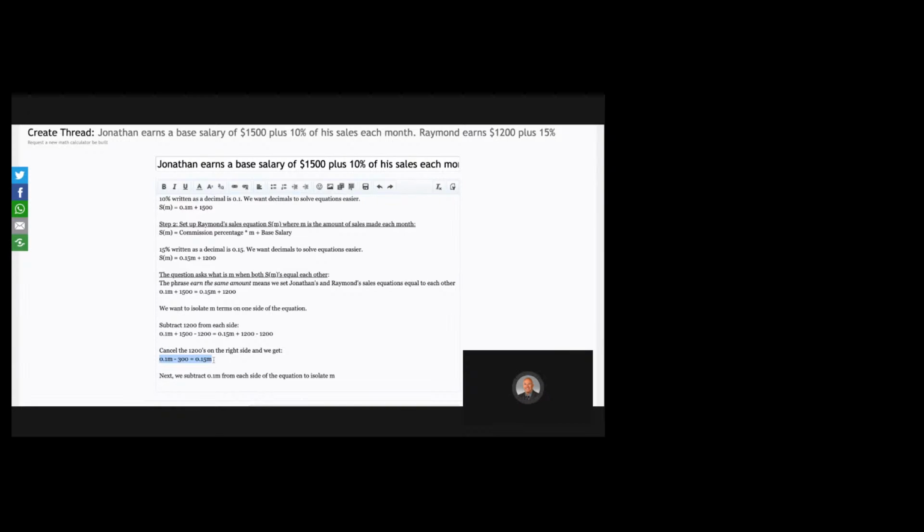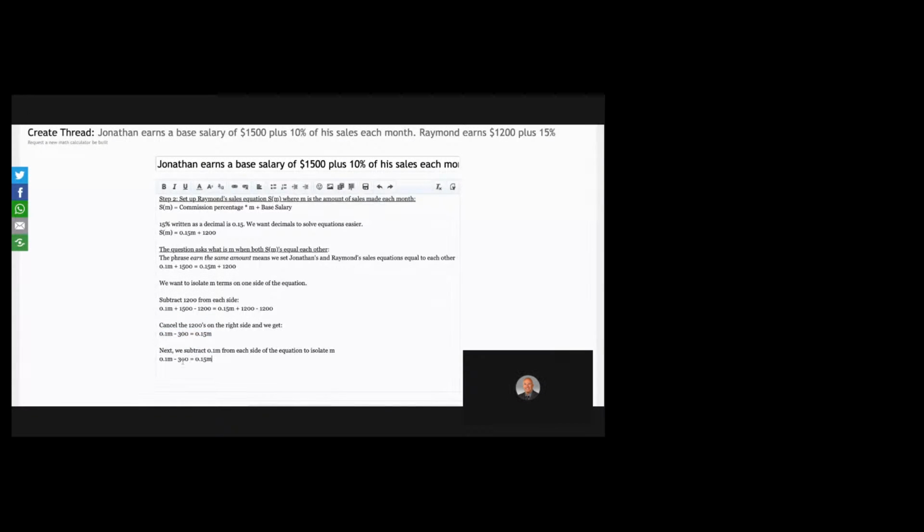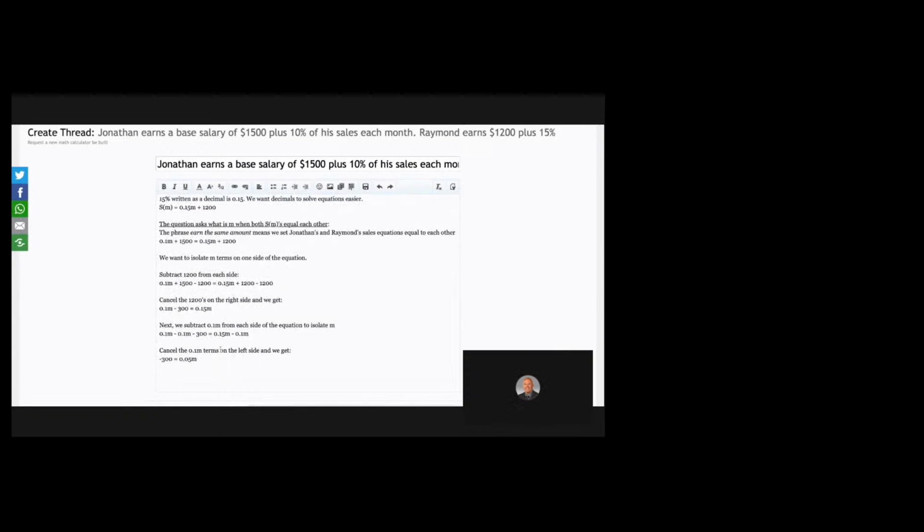Let's copy this down, and it says minus 0.1 M minus 0.1 M. Cancel the 0.1 M terms on the left side, and we get negative 300 equals 0.05 M. Outstanding.